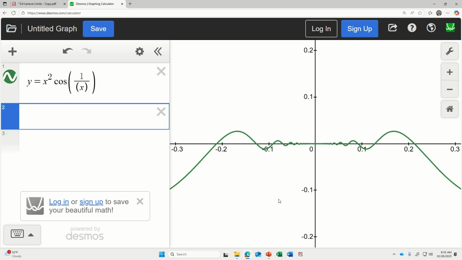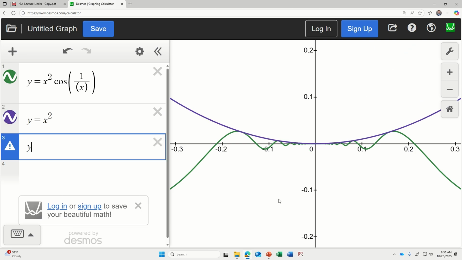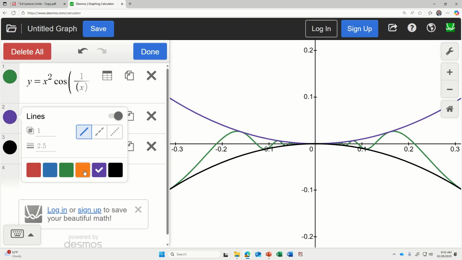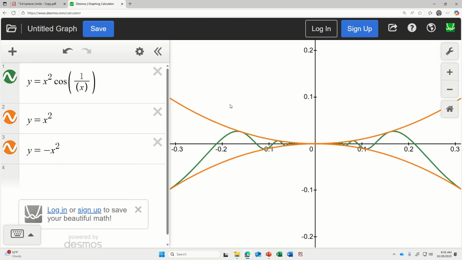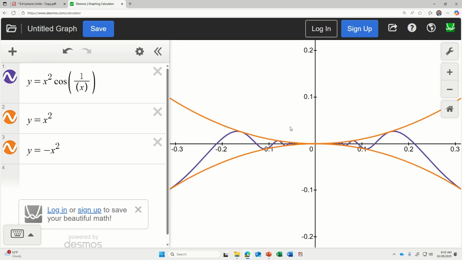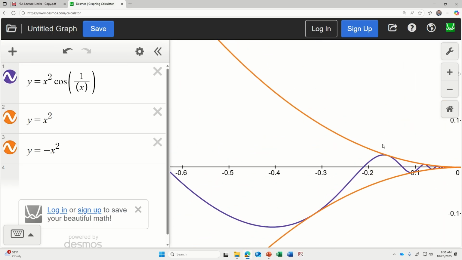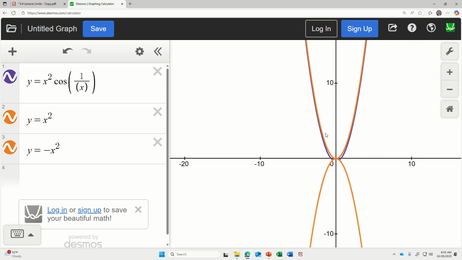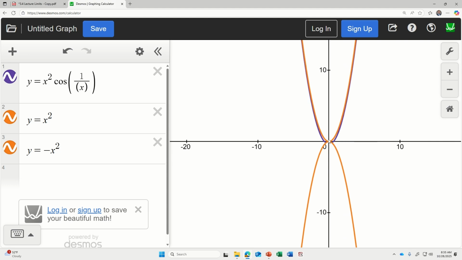I'm also going to graph on the same graph y equals x squared and y equals negative x squared, because the cosine function just bounces back between -1 and +1. And so I expect that this purple curve is just going to bounce back and forth between the top orange curve and the bottom orange curve.